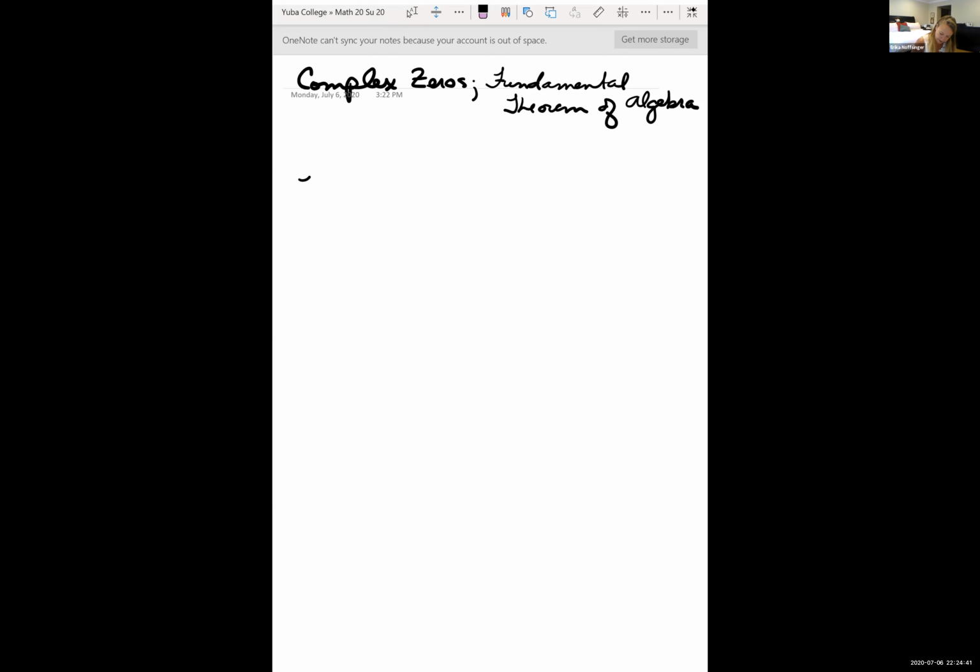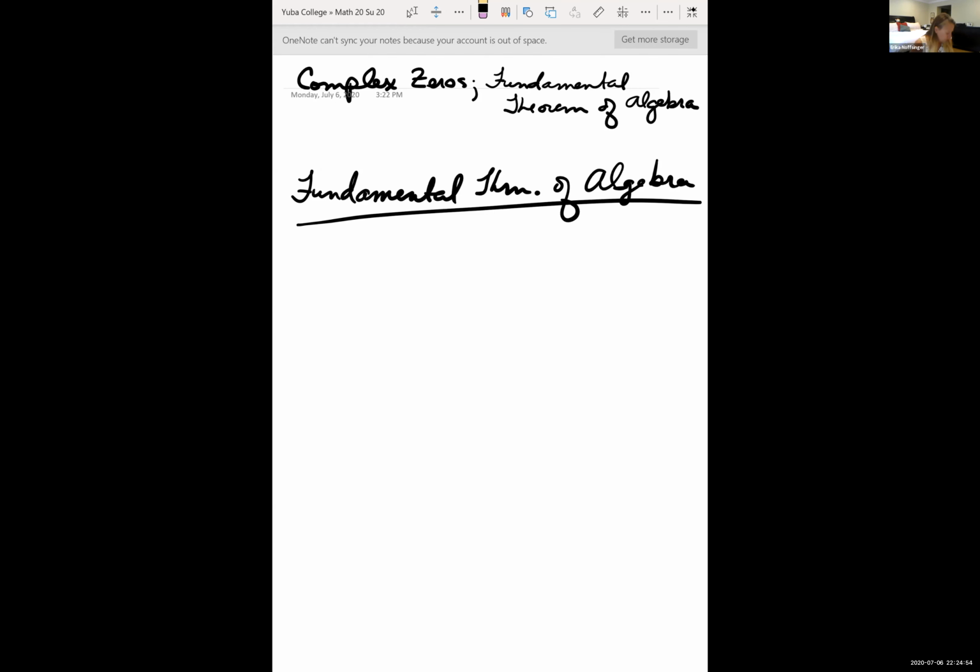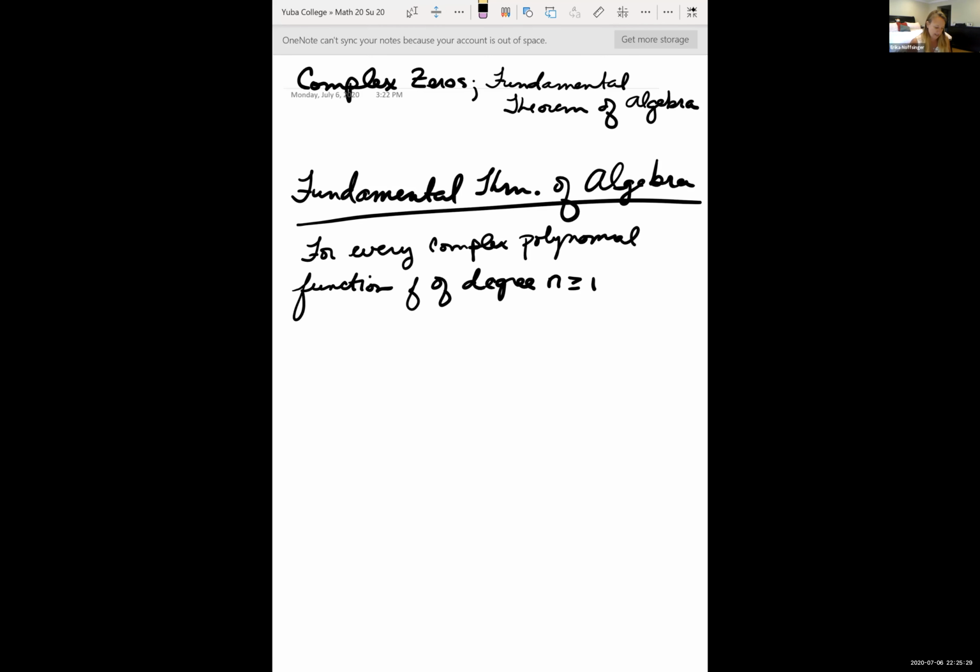Let's just do the fundamental theorem of algebra. So it says for every complex polynomial function f of degree n, which is greater than or equal to 1, has at least one complex zero.